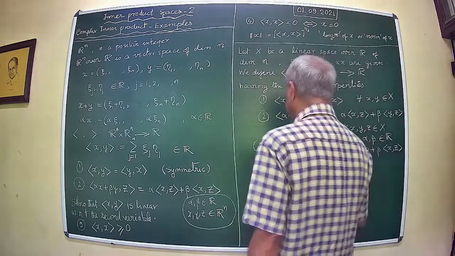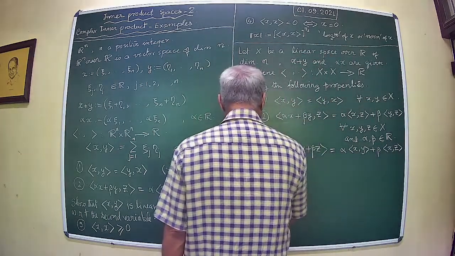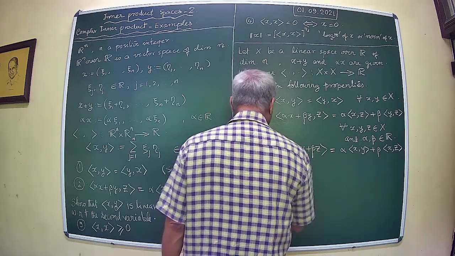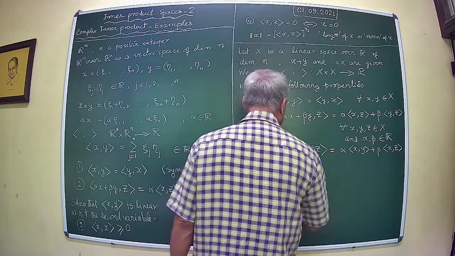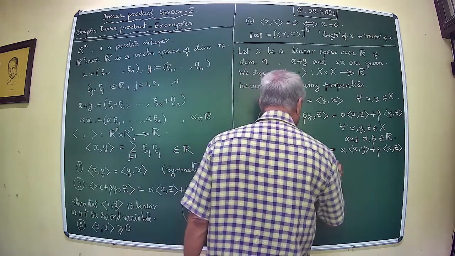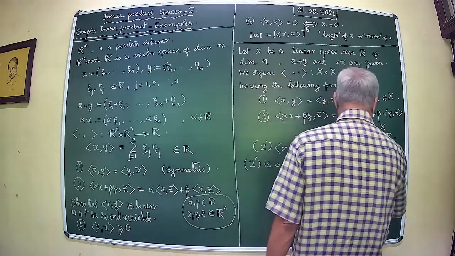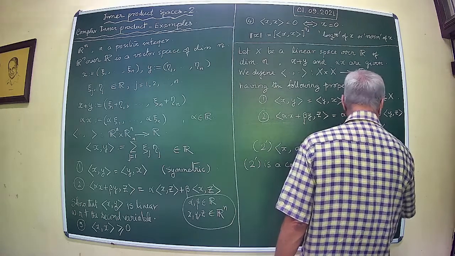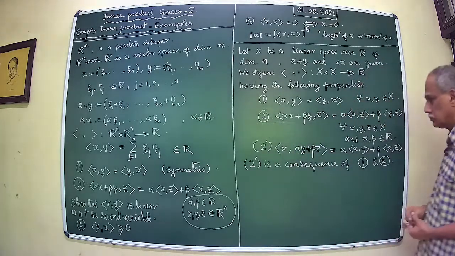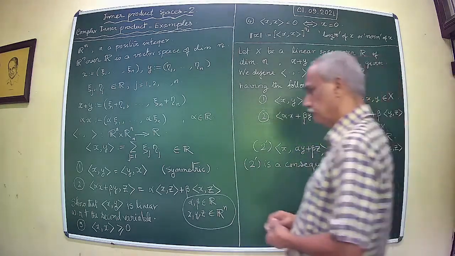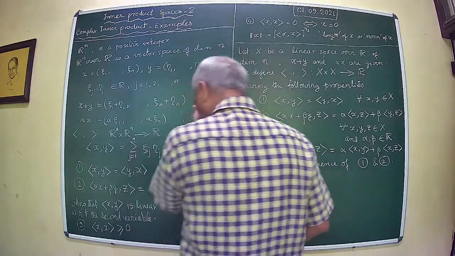Now 2 prime is a consequence of one and can prove this.